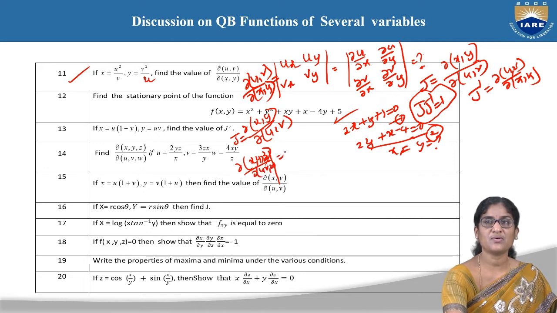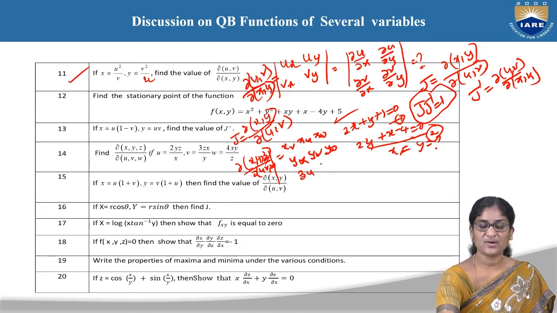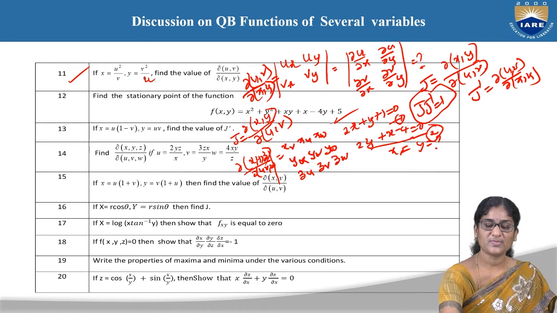So what is that? It is equal to xu xv xw, yu yv and yw, and the last row zu, that means the partial derivative of z with respect to u, zv, zw. So the determinant of this should be found out.